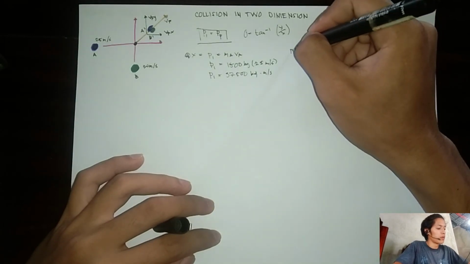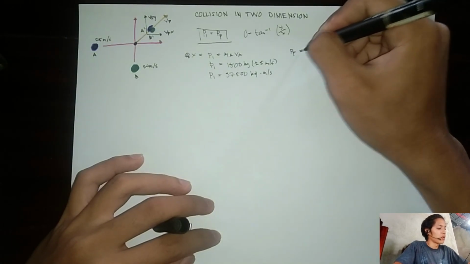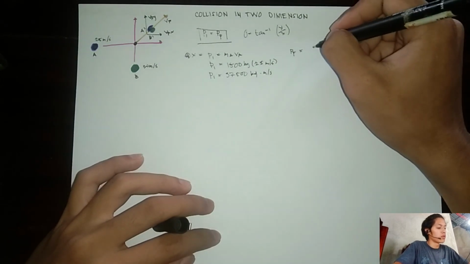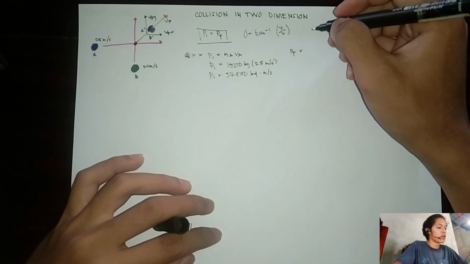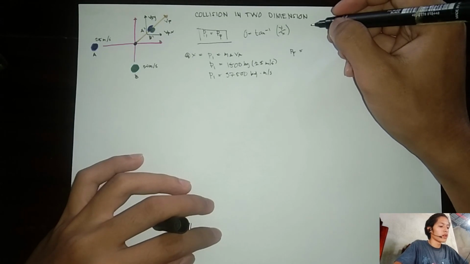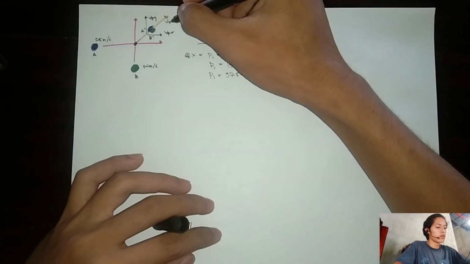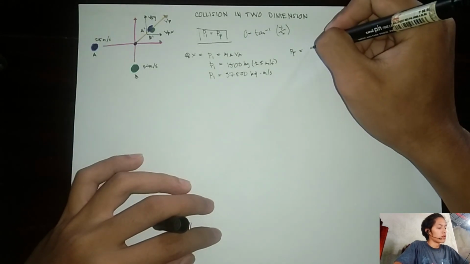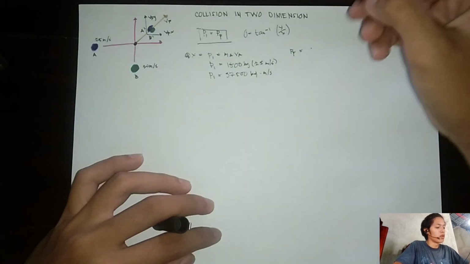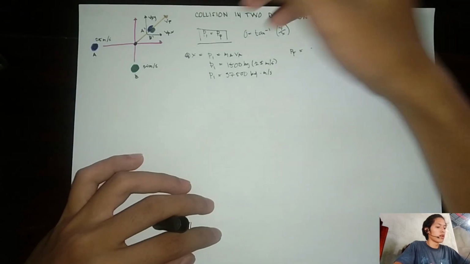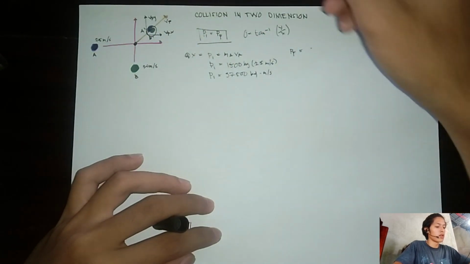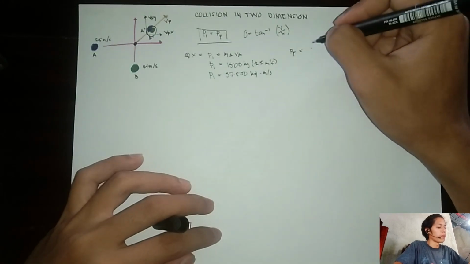Then, yung final naman, momentum final, sa x component pa rin tayo, is equal to ang meron lang sa atin dito is yung x component ng velocity final, then yung mass. Dahil inelastic tayo, nagsama na yung mass ng dalawang kotse.